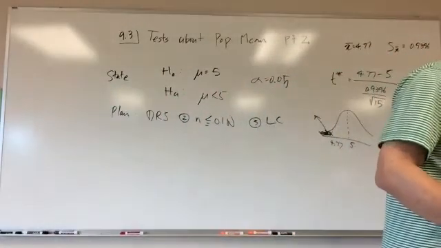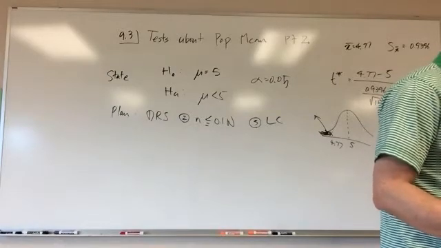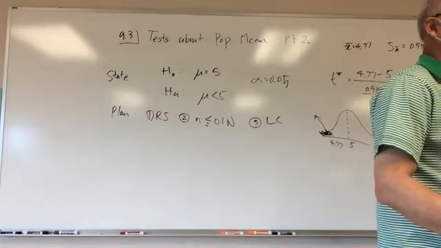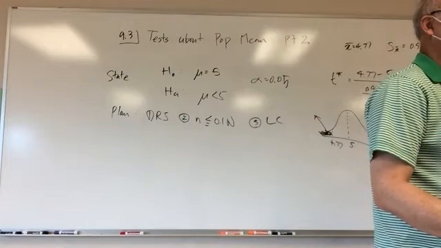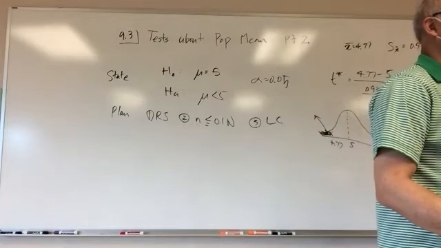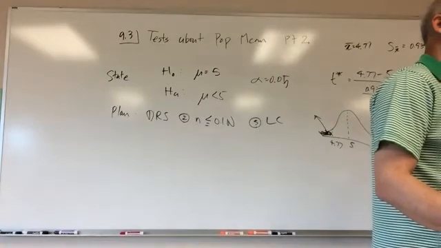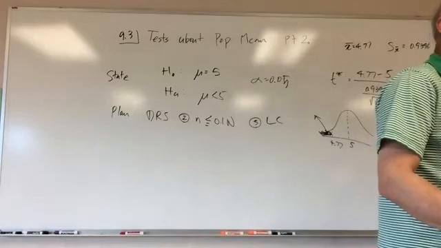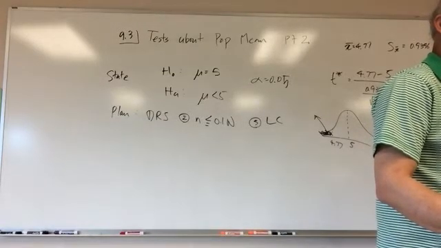Given your conclusion in part A, what kind of mistake, a type 1 error or type 2 error, could you have made? So I failed to reject, right? So if I was supposed to reject, that would be a type 1 or a type 2?